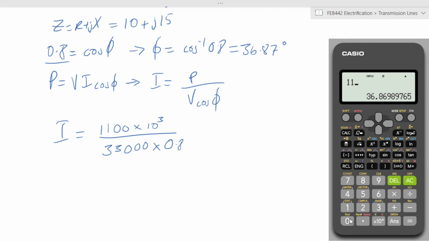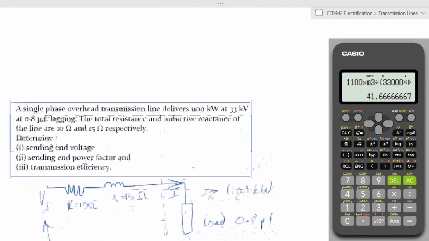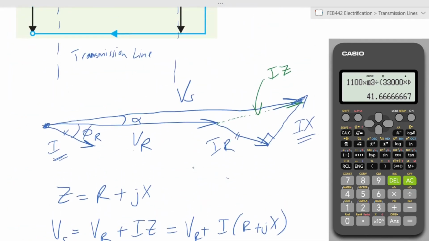So 1100 times 10 to the power 3 divided by 33,000 times 0.8. So that gives us 41.7 amps.